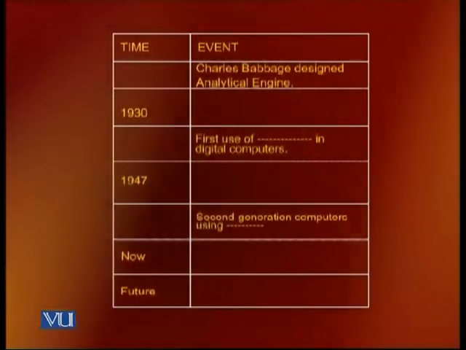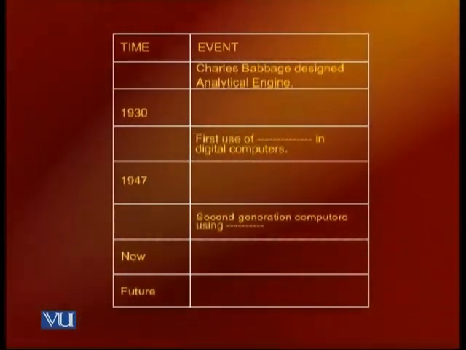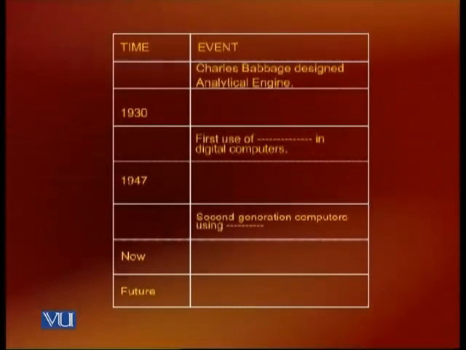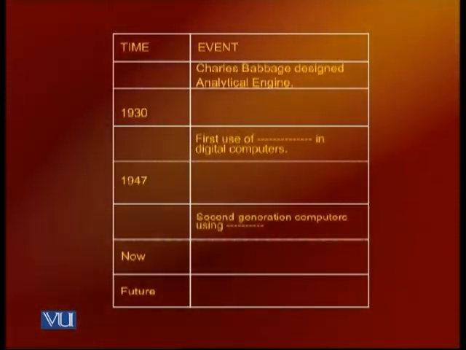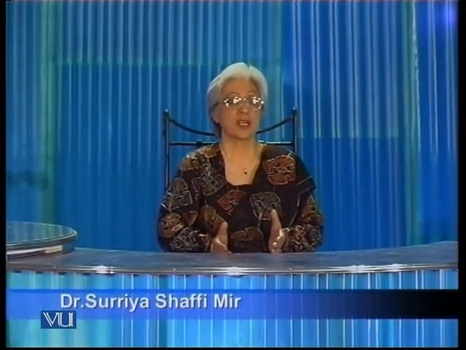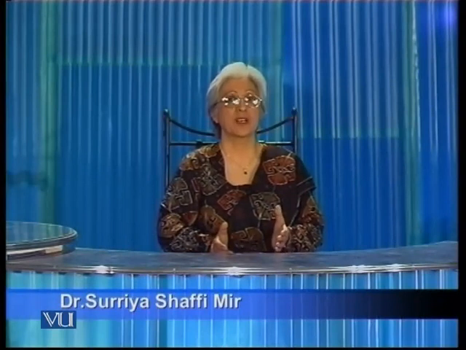In the time column, you have the word future. And what have we to say about the future? The prediction is that today's computers will be obsolete. Now, in this exercise, you have put down in table form the history of the development or invention of the computer.